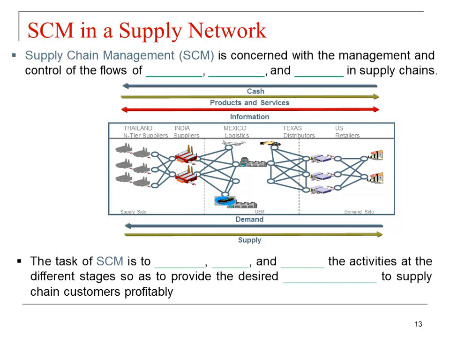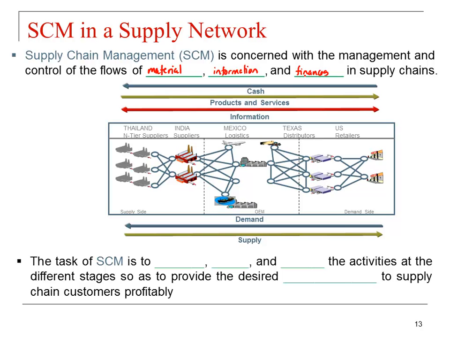So supply chain management is concerned with the management and control of the flow of material, information, and finances in supply chains. So another picture here just to show you some of the logistics that involve the supply chain.